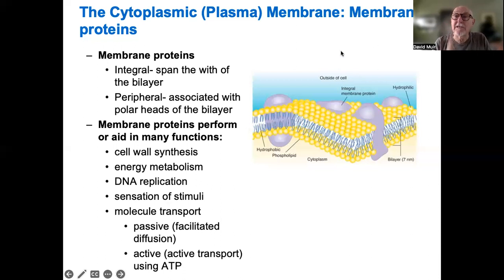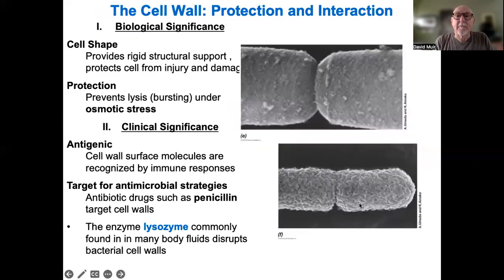But the proteins act as gateways, and they grab hold of rare molecules out here, move them in, accumulate them here, and don't allow them to leave unless the cell needs to have them leave. Okay, so that's the cell membrane. We'll have reference to the cell membrane quite often during our discussion, especially about physiology.